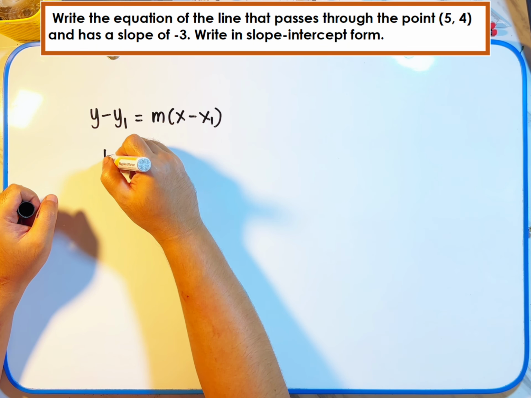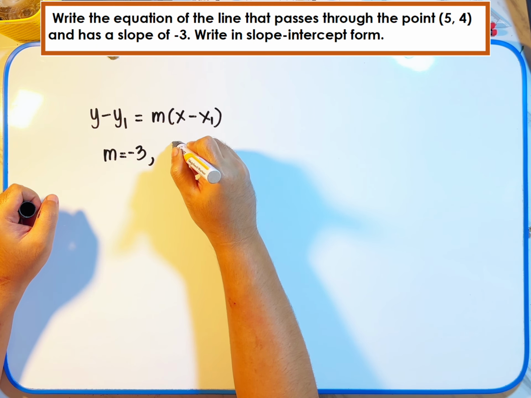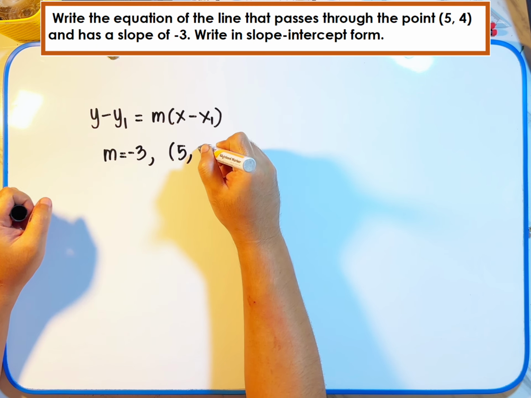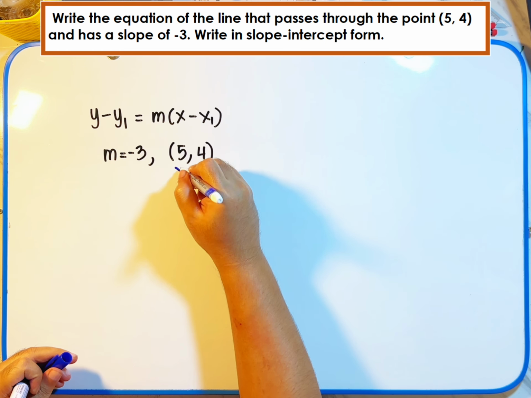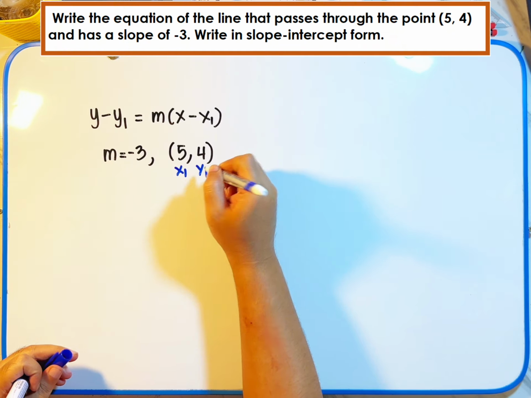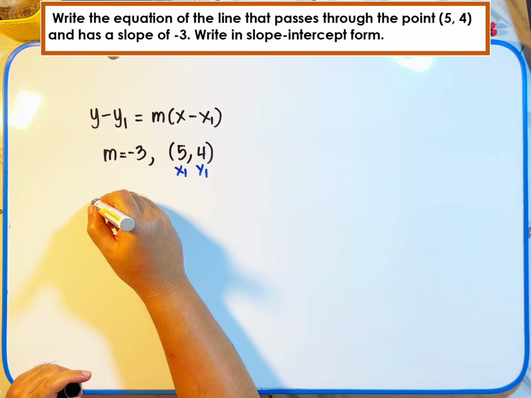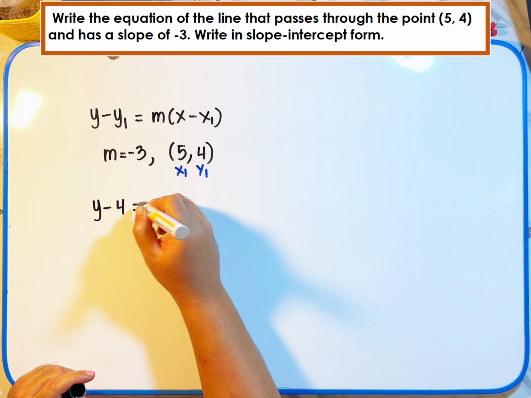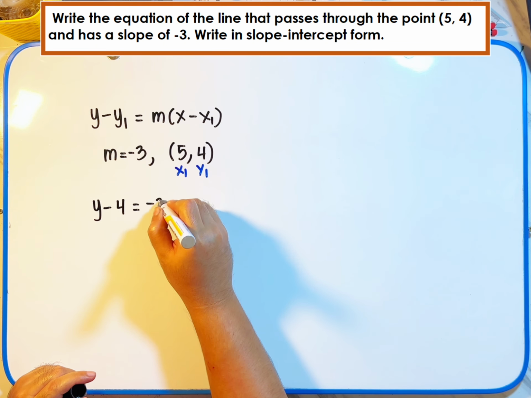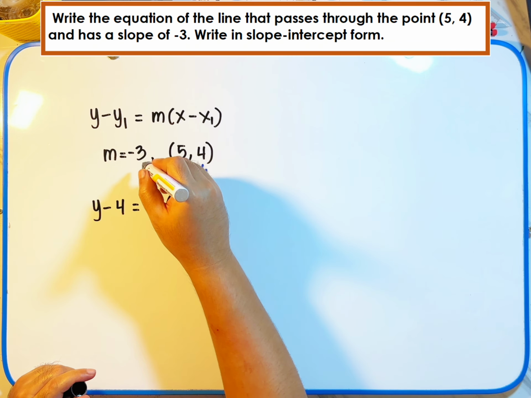We're given a slope of negative 3. m is equal to negative 3 and a point 5, 4. And as we know, this is x1, this is y1. And we're ready to substitute these values in our point-slope formula. So we have y minus y sub 1, which is 4, equals the slope m, negative 3, times x minus x sub 1. Okay.